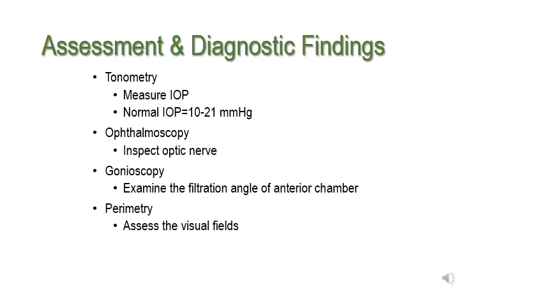Gonioscopy is where they can differentiate between open and closed angle, so they can actually examine the filtration angle of that anterior chamber. And then perimetry is just assessing the visual fields, identifying which parts of the patient's central and peripheral visual fields have useful vision and which areas have been lost. And we'll see some pictures here in a second of these.